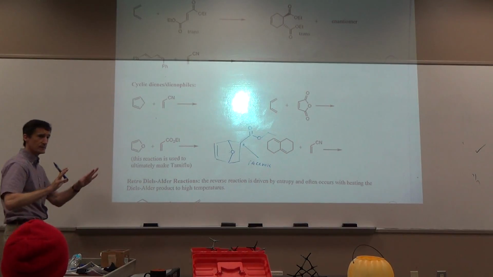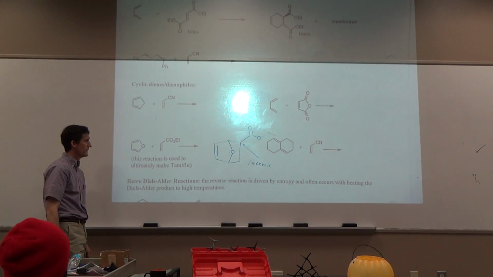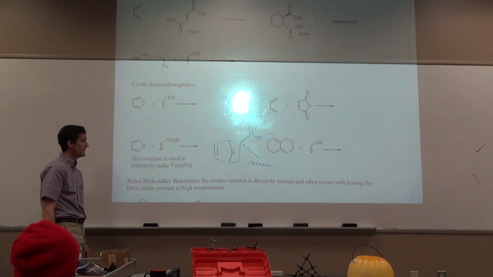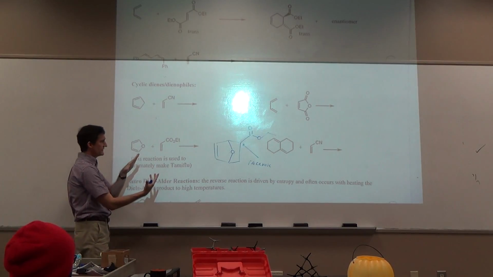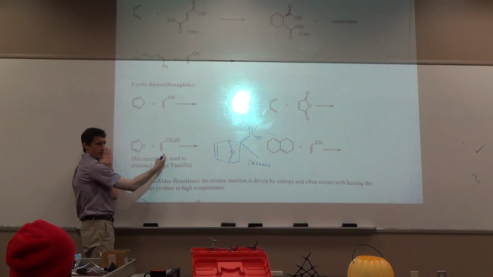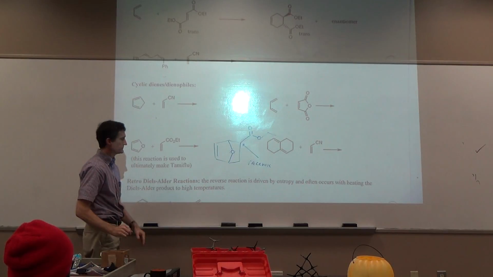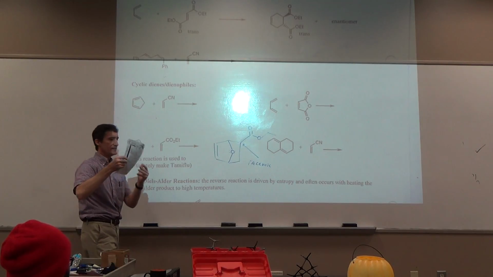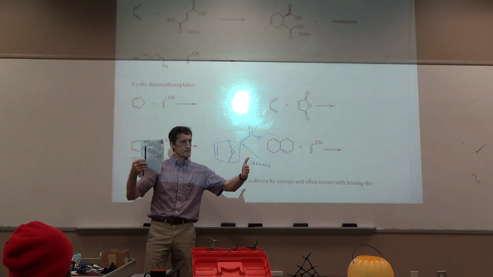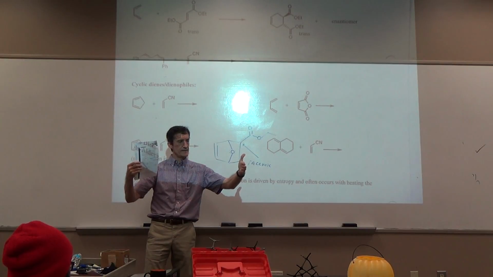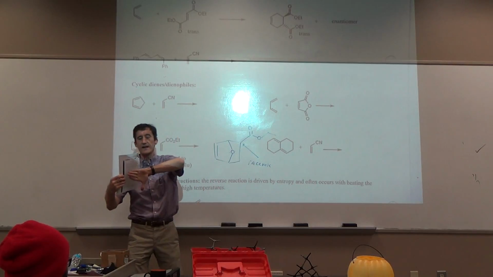Now again, we would have to look at the exact modeling of why you get both. Basically, whenever these come together, they're really not coming together planar on the board. If this is the diene, the alkene can attack with the thumb up, or it can attack with the thumb down.